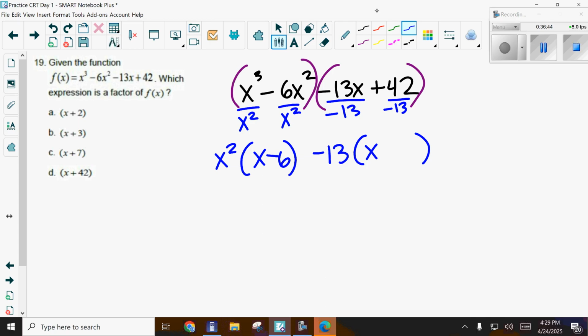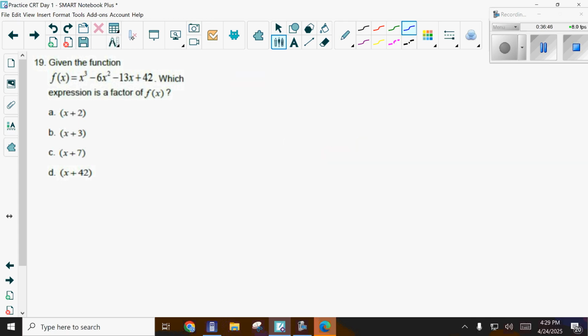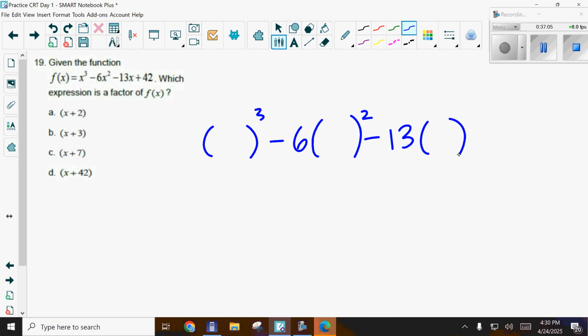So here's what we're going to do instead. We can do either synthetic division or we can do the factor here. I'll do the factor here. So x to the third minus 6x squared minus 13x plus 42.